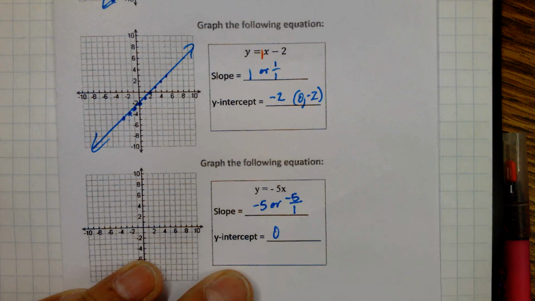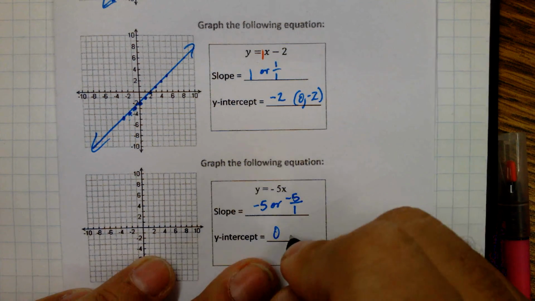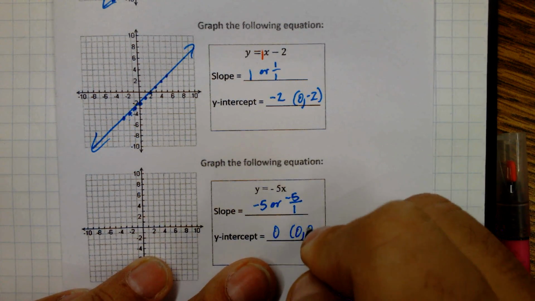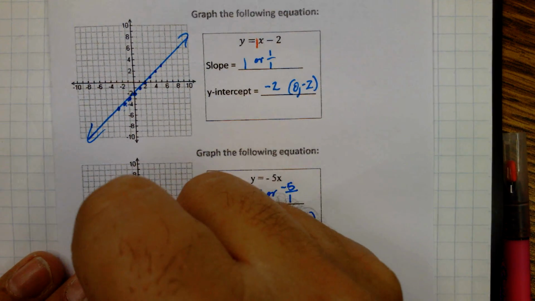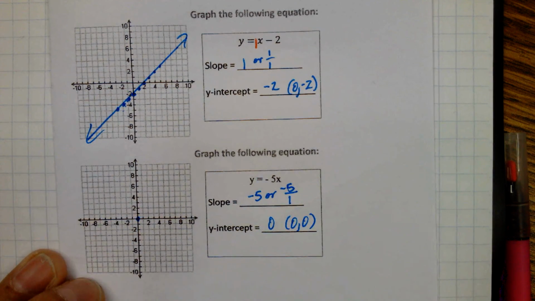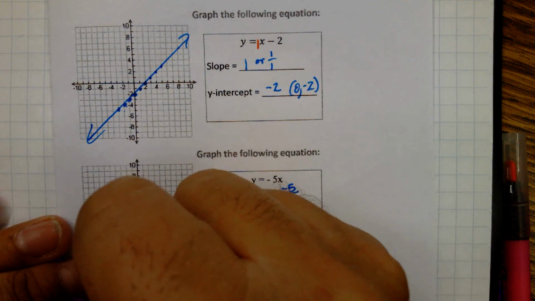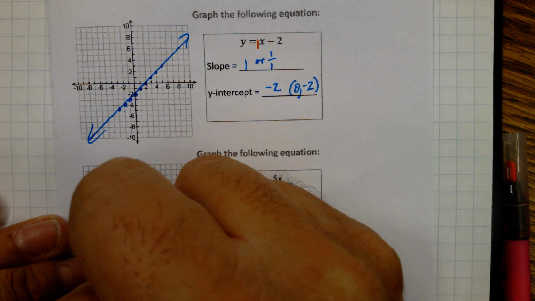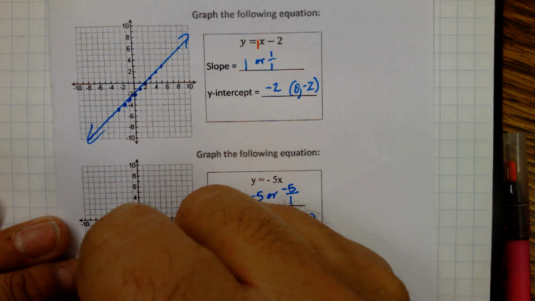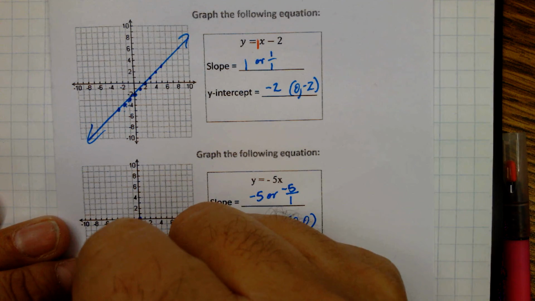We don't have any number after the x, so it goes through the origin. First point is here at the origin, and then I go down 5 and to the right 1. Down 5 to the right 1.